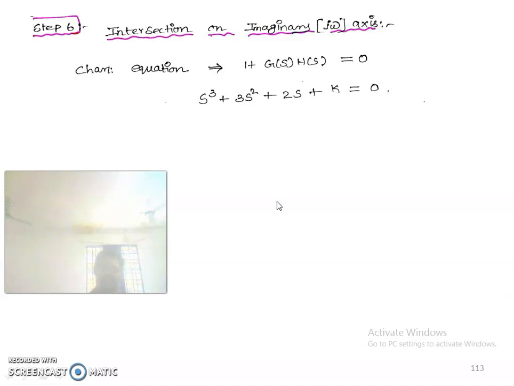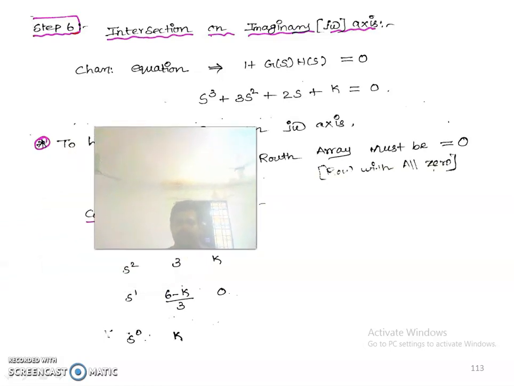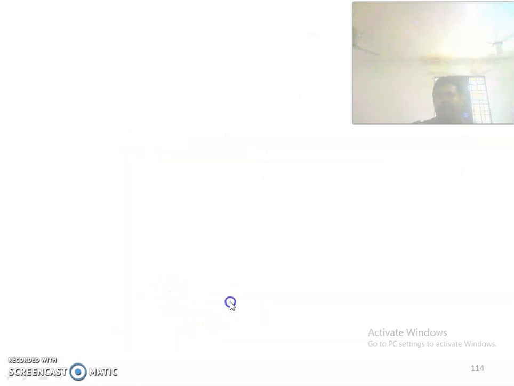In the Routh array, we will be getting one row as 0, and that row we will fill by taking the ancillary equation, differentiating it, and then putting that value in that place. This is nothing but the Routh array. From this Routh array, first we are going to calculate the value of k.